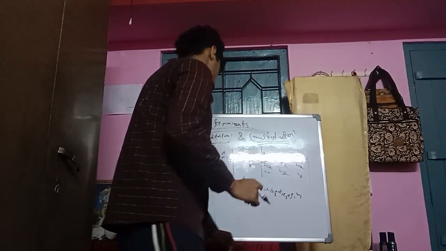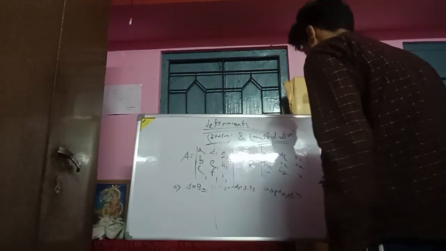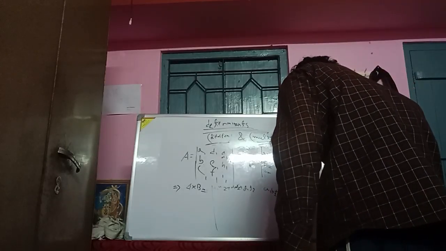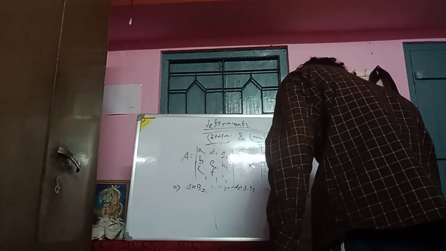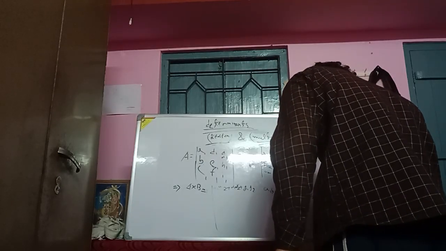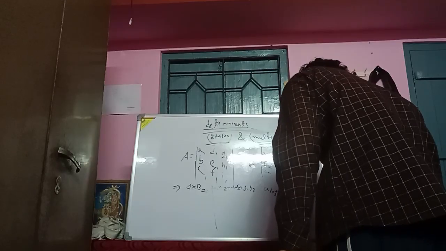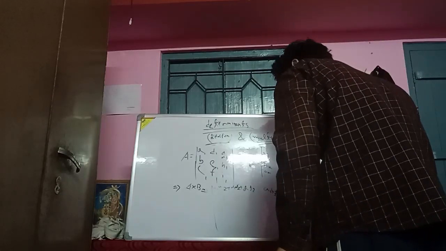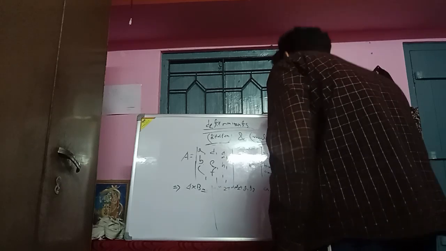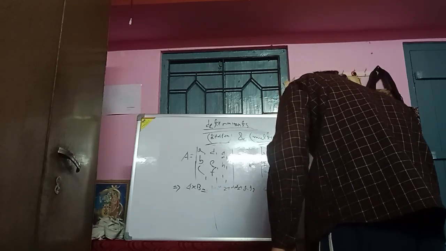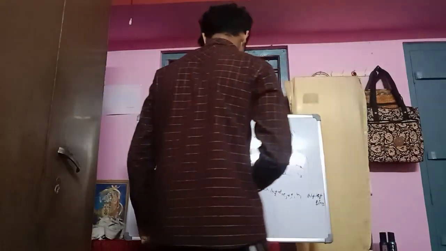The third element would be A1 C2 plus D1 F2 plus G1 I2. Okay.